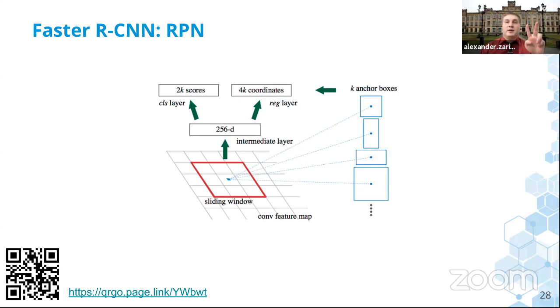So in RPN, instead of predicting one value, the probability that this region is containing some object, we simply predict two scores.